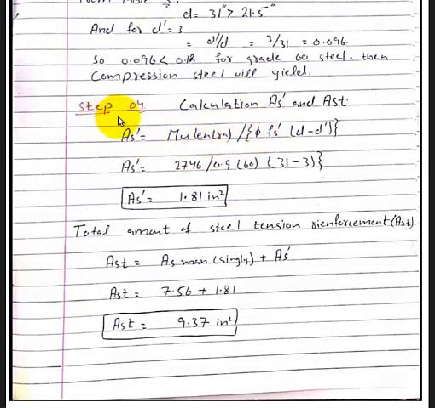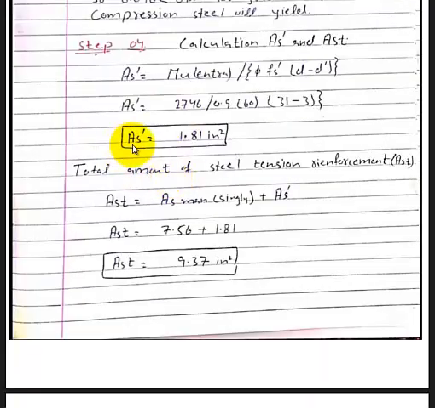Now step number 4, calculation of the steel that will come in the compression zone, As dash, and the total AST. Now As dash is equal to Mu extra divided by the same formula, phi fs prime, where fs prime is equal to fy, which is 60,000 psi, 60 ksi, times d minus d dash. Putting in Mu extra, 0.9, 60, and 31 minus 3, and doing the calculation, we get As prime as 1.81 inch square.